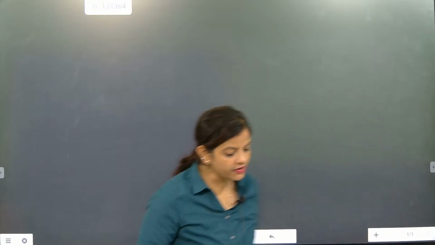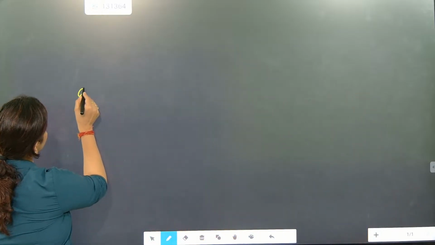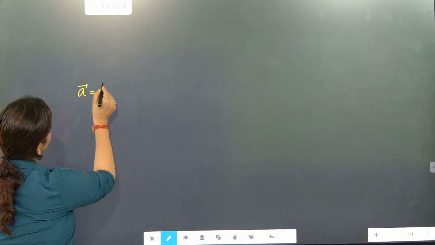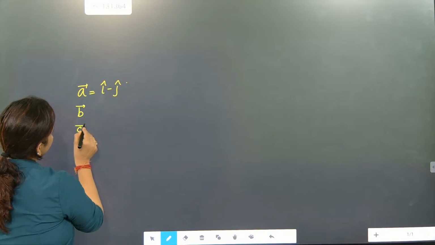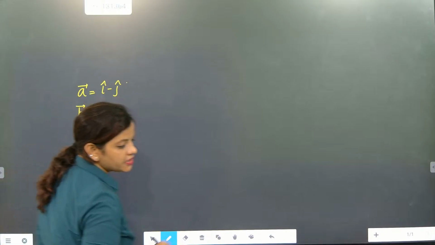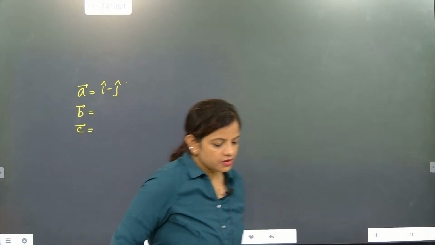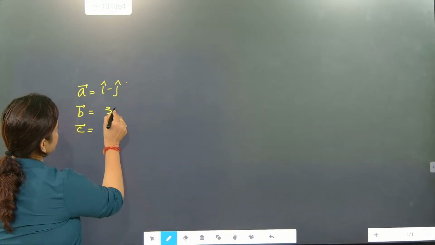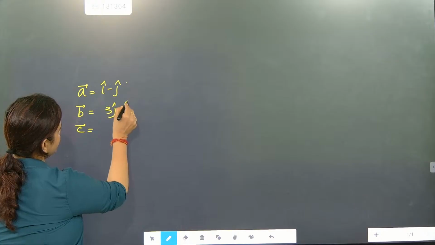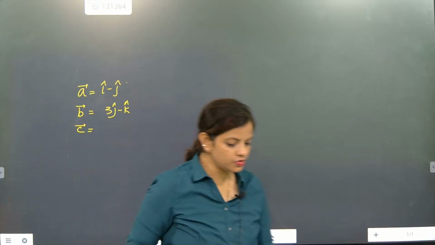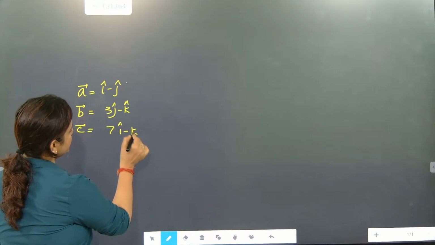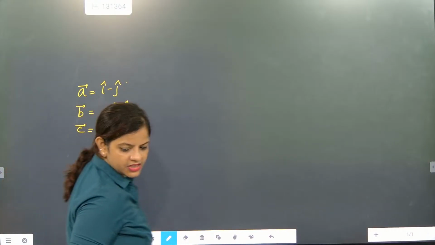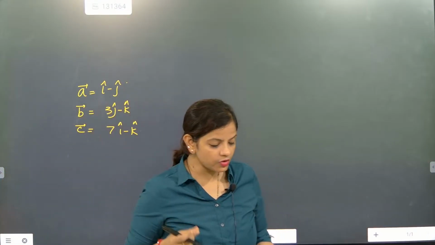Question is, A vector is equal to i vector minus j vector, B vector and C vector. First you note down. B vector is equal to 3j minus k, and C vector is equal to 7i minus k. This is exactly ABC vector given. Understood? You are okay?